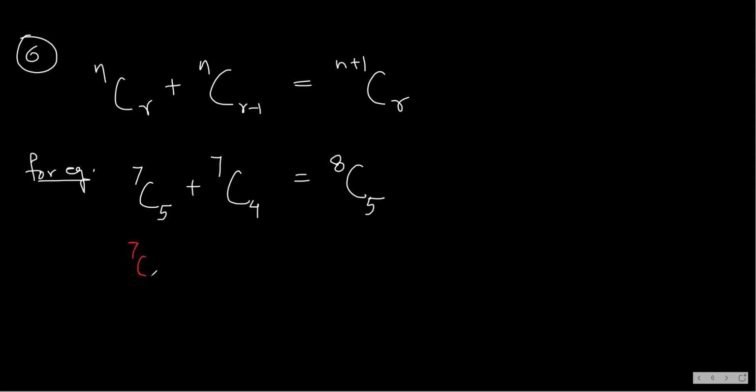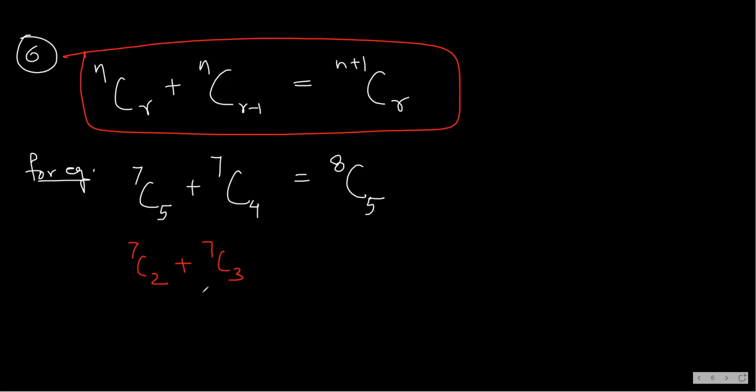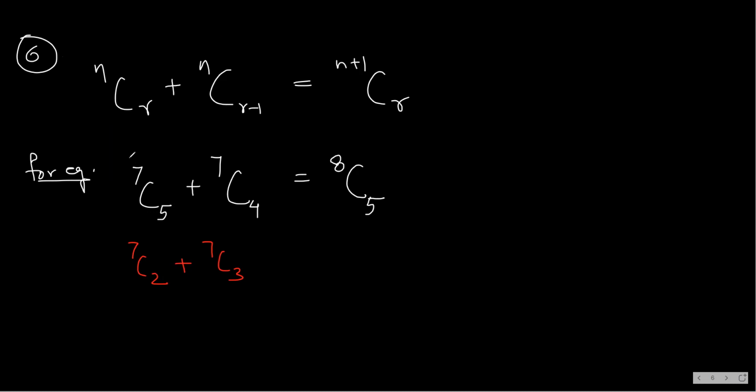Okay, so let me now do this. 7C5 is 7C2, and 7C4 is 7C3. And if I apply the same result once again on these two, see what will happen. I applied nCr is equal to nC(n minus r): 7C5 is 7C2, then 7C4 is 7C3.